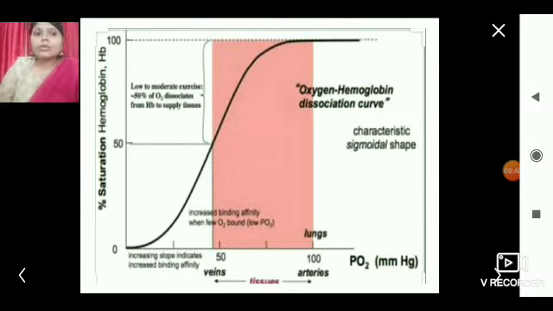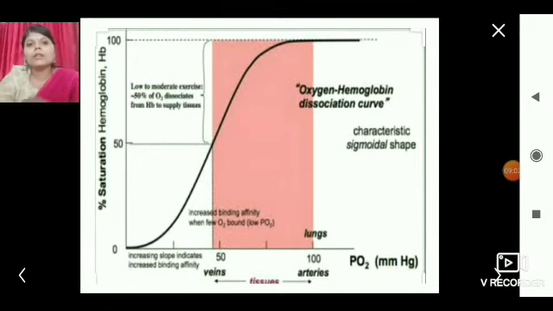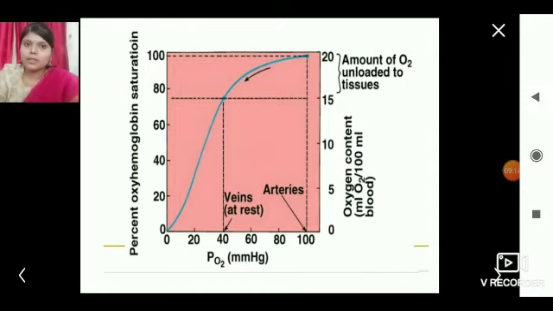You can very clearly see the veins and arteries, or the tissues, where the graph is tilted upwards. That means it is trying to unload oxygen to the tissues which are in need of oxygen molecules. That is what the sigmoid or S-shaped graph indicates.